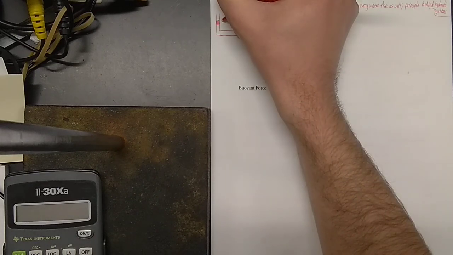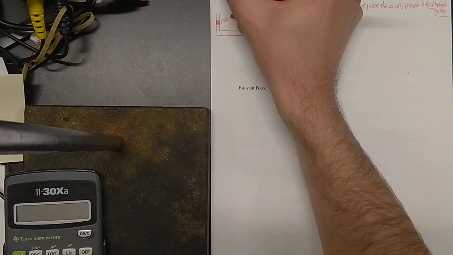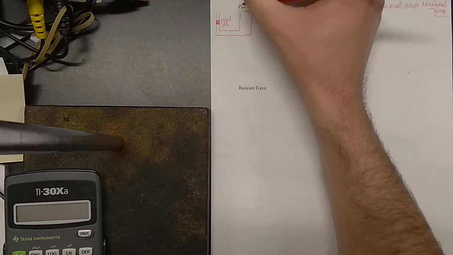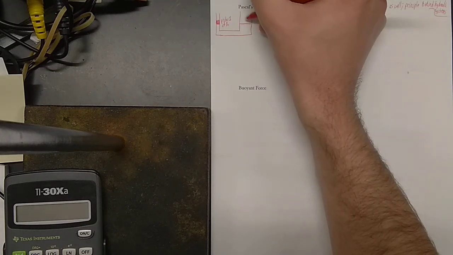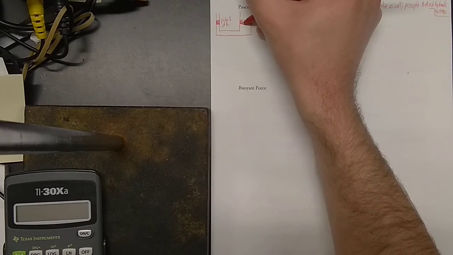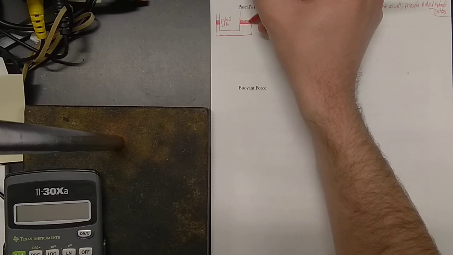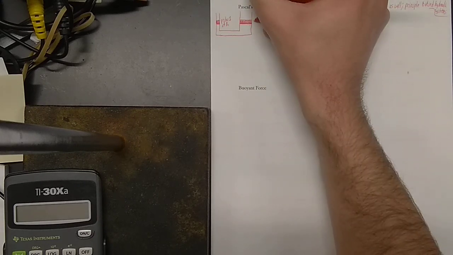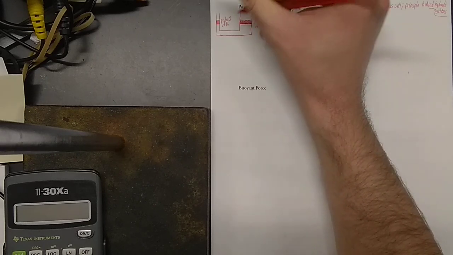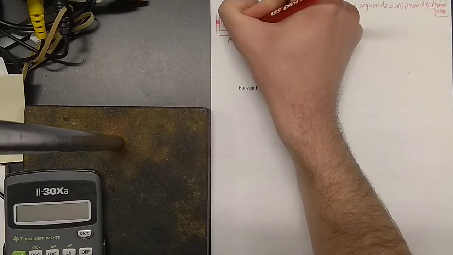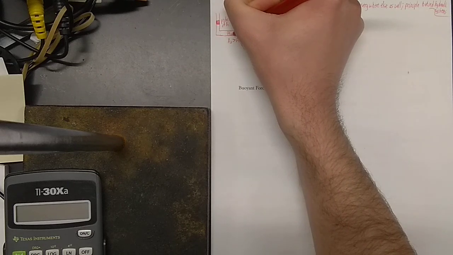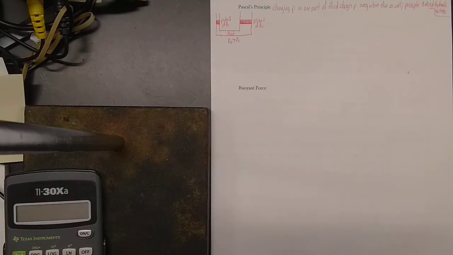We're going to call this piston number 1 of area 1. And we have another piston over here. You can think of it just kind of like a rubber plunger or something that's in here. We have piston 2 of area 2, and you can clearly see that A2 is bigger than A1. And the rest of this is filled with some sort of incompressible fluid.